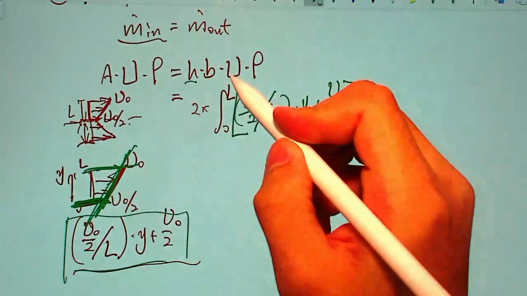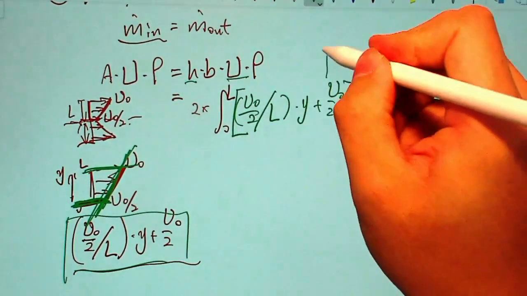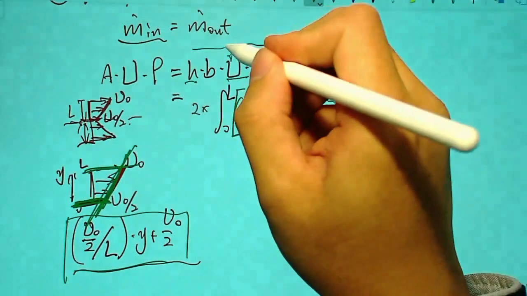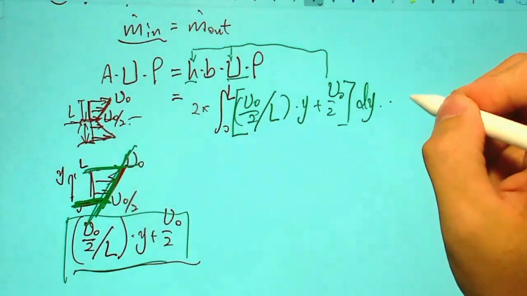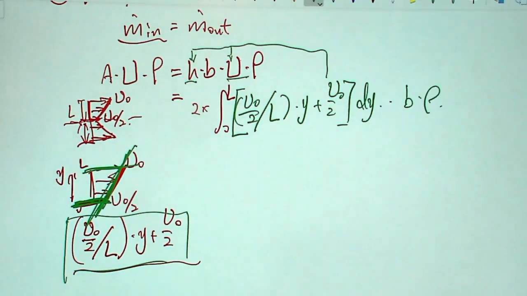This is equivalent to H times U, and then we multiply by B and density.